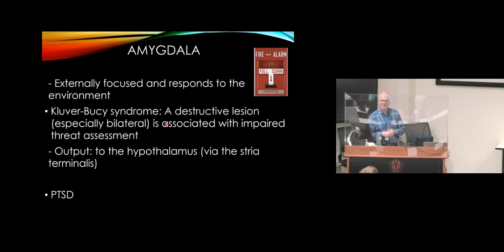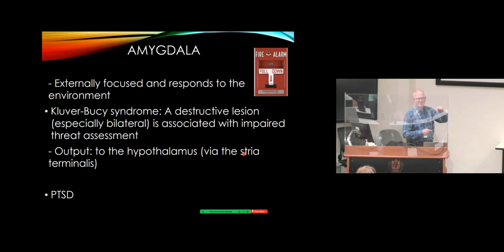So they have an impaired threat assessment. They don't activate the autonomic nervous system normally because of the destruction of the amygdala. So the amygdala, to activate your autonomic nervous system, has to talk to the hypothalamus, right? To kick in the sympathetics, the fight or flight. And that connection between the amygdala and the hypothalamus is called the stria terminalis. So keep the two pathways straight.